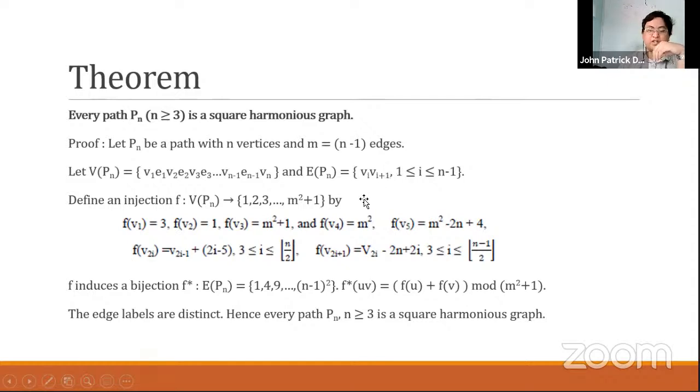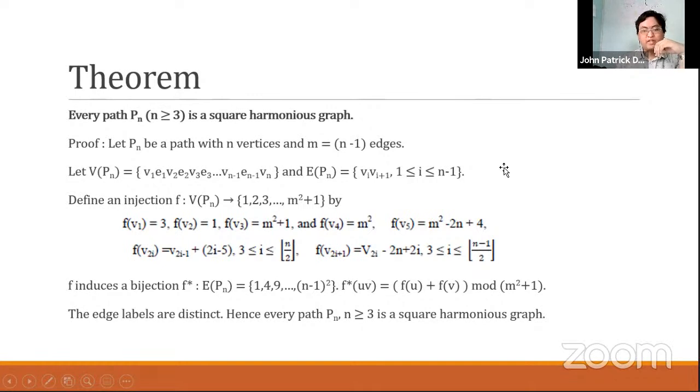Define an injection f from the vertex set of P sub n to 1, 2, 3 up to m squared plus 1. These values of f of V sub 1 up to V sub n were formulated by the authors, so I will not go through them one by one.